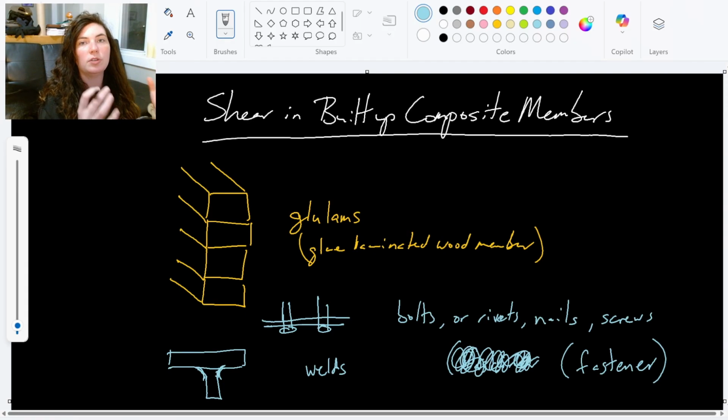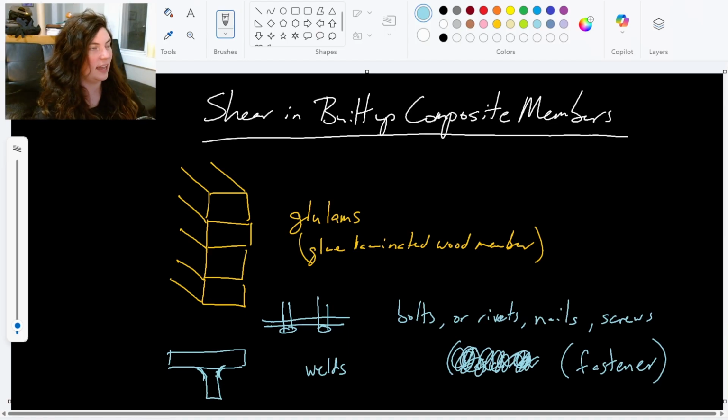Even though it's multiple composites together, it should act as one single unit. So it shouldn't be like when a screw is coming loose on your chair and it can kind of jiggle and you hear that they are coming apart, right? They become like two separate pieces that are barely being held together. We don't want that. We want them to act as one single unit. So that's what we design for.